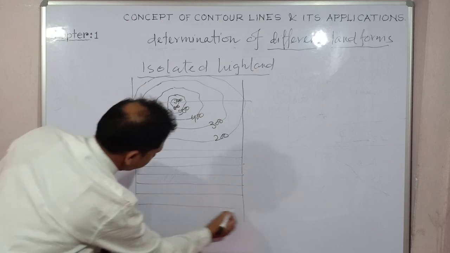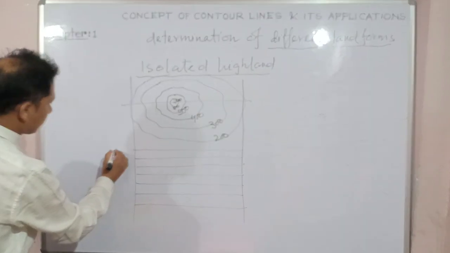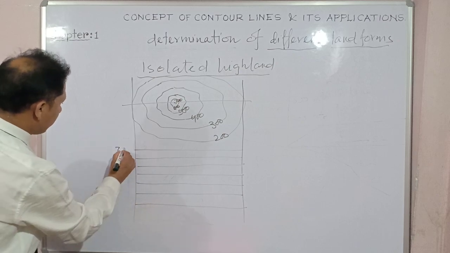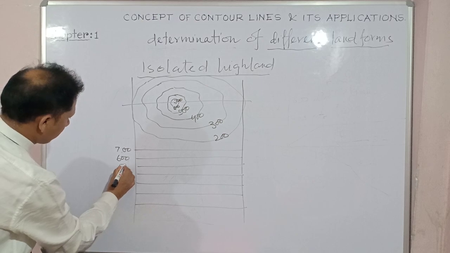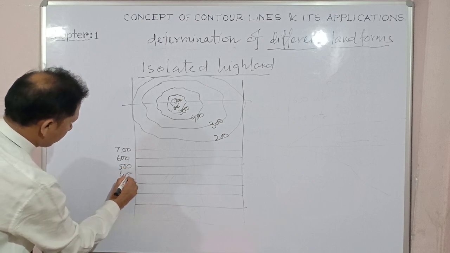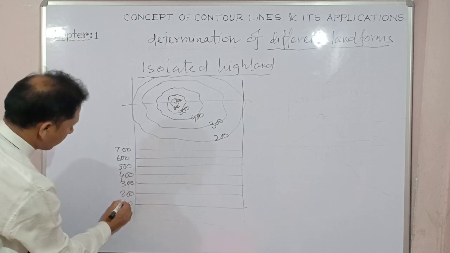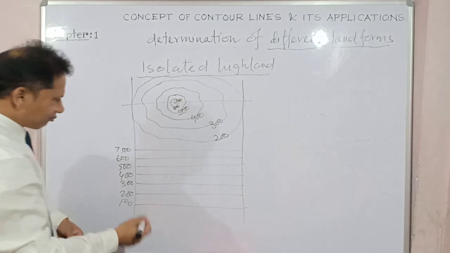Try to understand. I think it's enough. What is the highest? It is 700, or let's consider 700 only. Then 600, 500, 400, 300, and 200. 100 is not given. Anyway, so what happened?